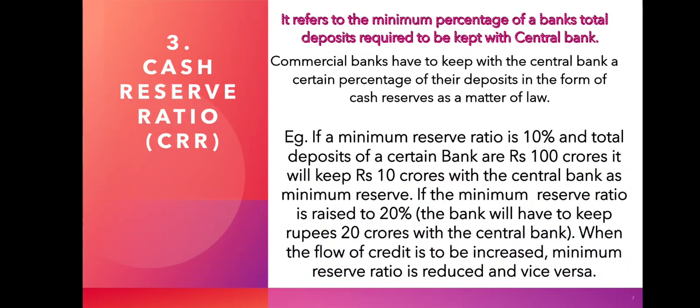If the minimum reserve ratio is raised to 20%, then the bank will have to keep rupees 20 crores with the central bank. When the flow of credit is to be increased in the economy, this minimum reserve ratio will be reduced. And if the flow of credit is to be decreased, then the minimum reserve ratio will be increased.